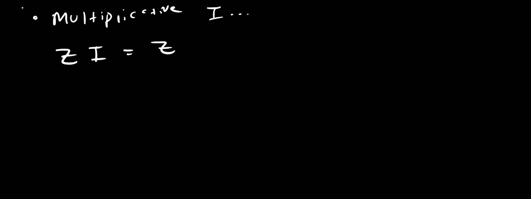Well, we can think back to real numbers. Any number times 1 equals itself. So let's try 1 to see if that works. So x comma y times 1 comma 0. So notice that the imaginary part of this complex number, our multiplicative identity, is 0.